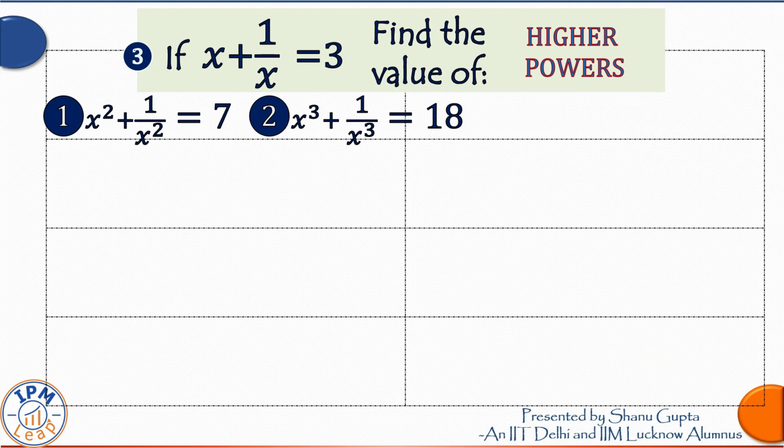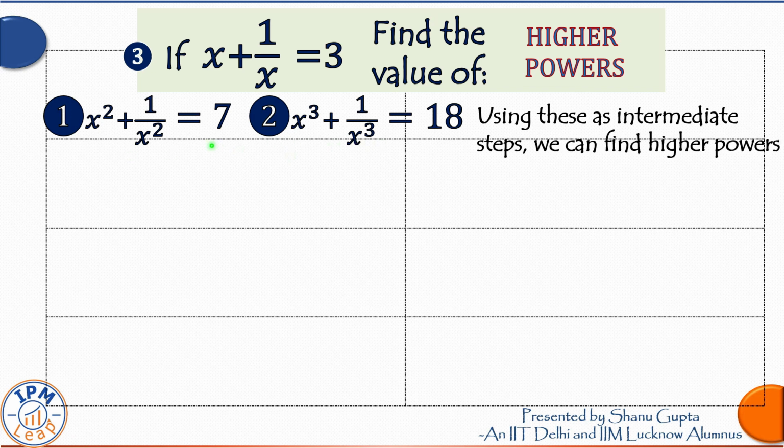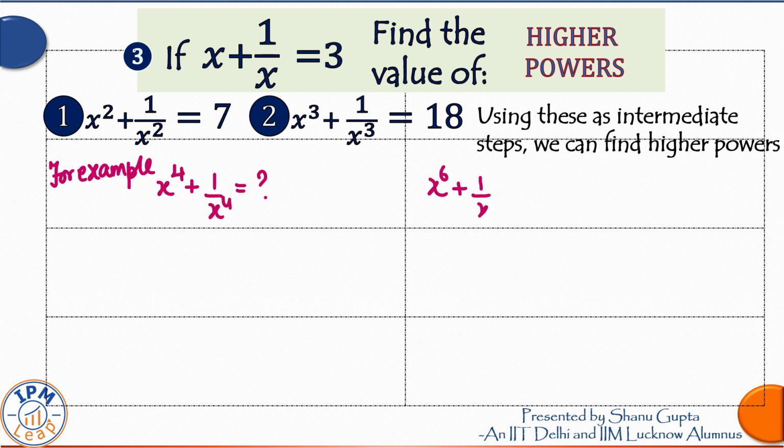Yeah, so here I will reiterate the point that using the squares and cubes as intermediate steps, we can always find higher powers. For instance, in this question, if you are asked to calculate x raised power 4 plus 1 upon x raised power 4, we just square the squares.